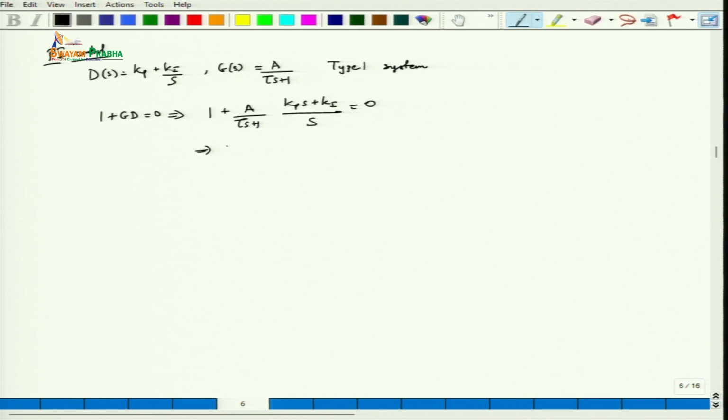In this case, this implies tau s square plus (A Kp plus 1) times s plus A times Ki is equal to 0. We can rearrange this by dividing by tau.